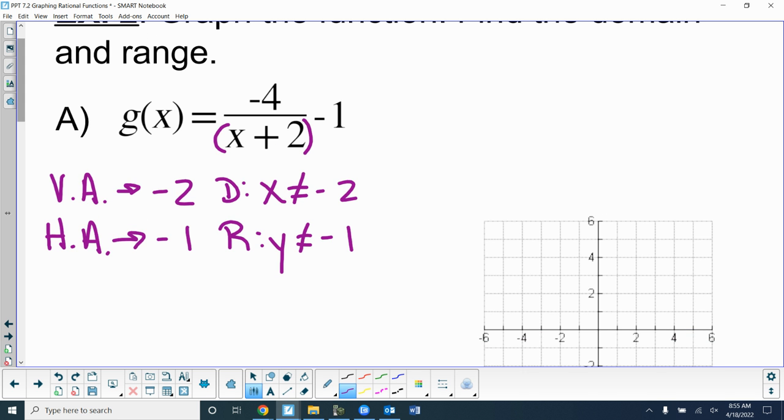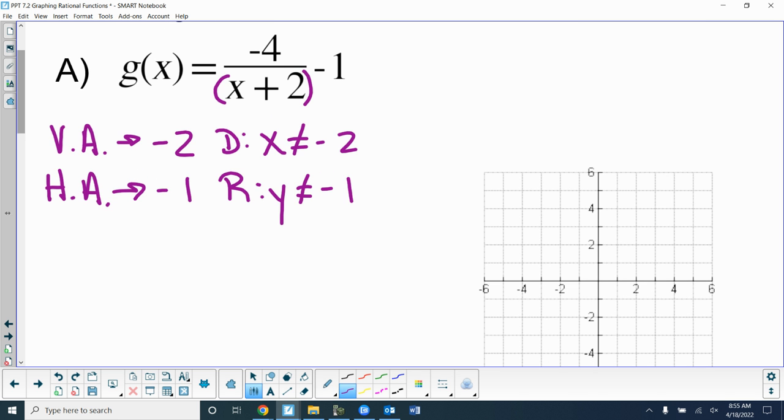So for the vertical, it's always what makes the bottom 0, so it's the opposite, basically. And for the horizontal, it's always whatever that is. So if that was a +1, this would have been +1. Since this is -1, it's -1. So vertical asymptote at -2, we have this dashed line here.